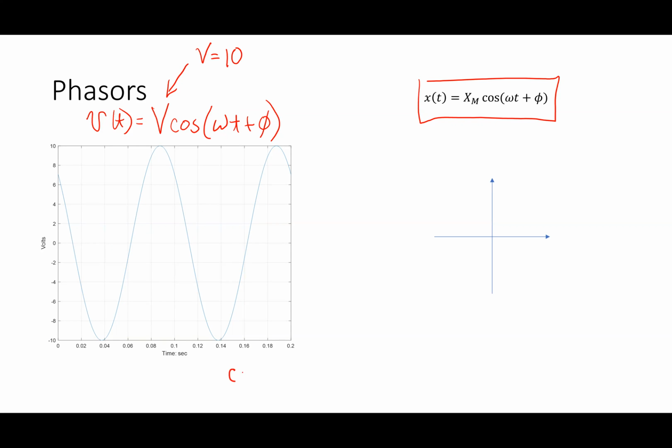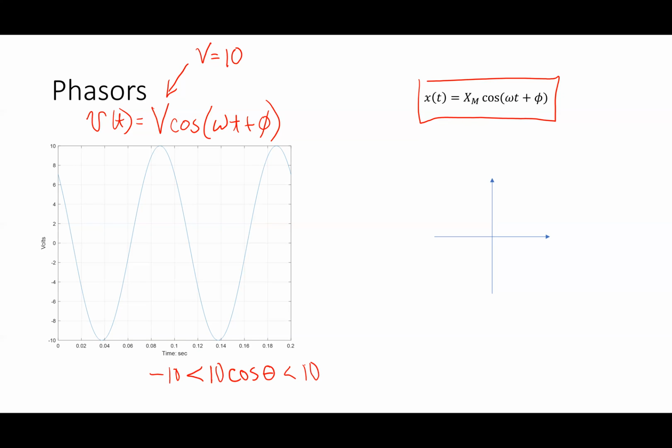What's the maximum value of cosine of theta? 1. So if it has a peak value of 2, 2 times cosine of theta can vary between 2 and minus 2. Or in this case, 10 cosine theta can vary between minus 10 and 10.